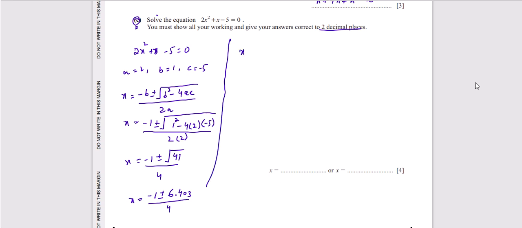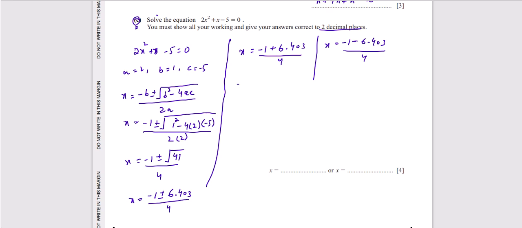So x is equal to minus 1 plus 6.403 divided by 4, and x is also equal to minus 1 minus 6.403 divided by 4. Here we put minus: the first one is plus and the second one is minus.